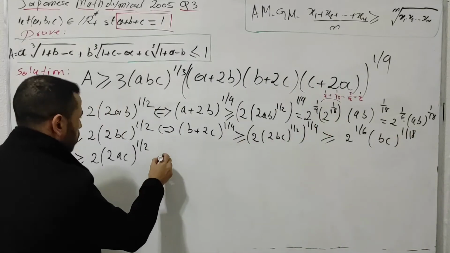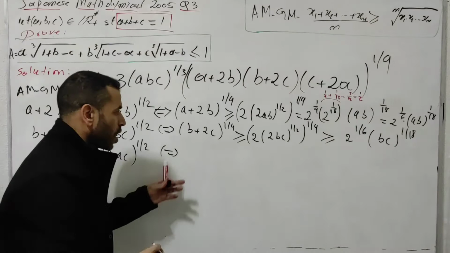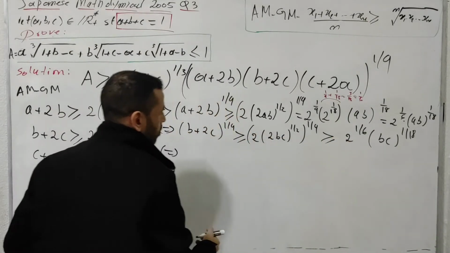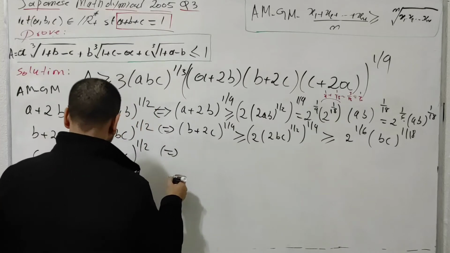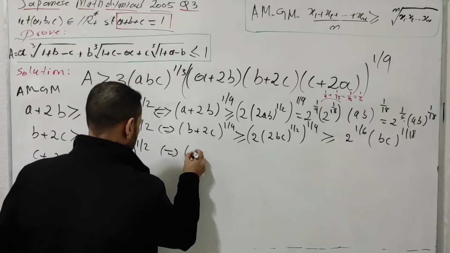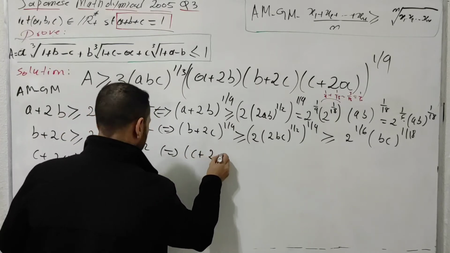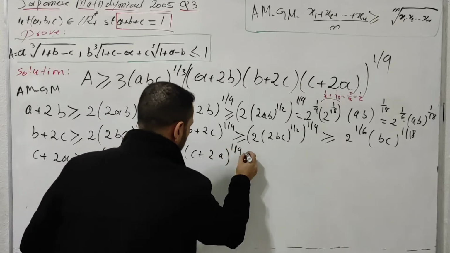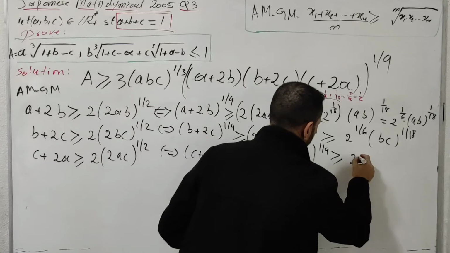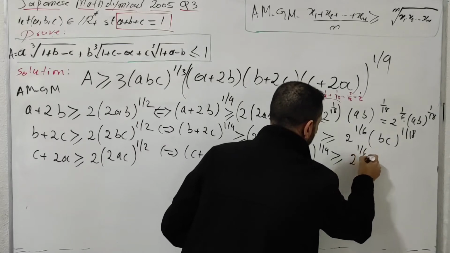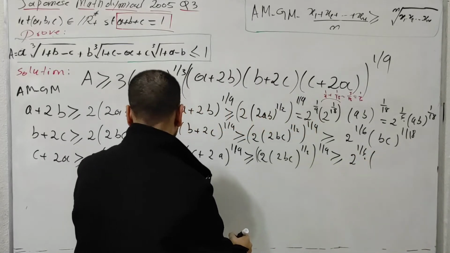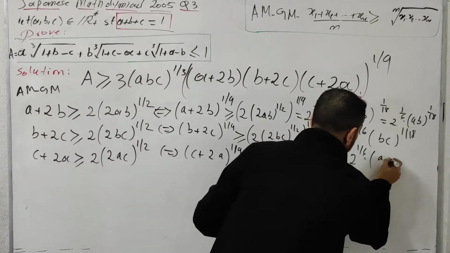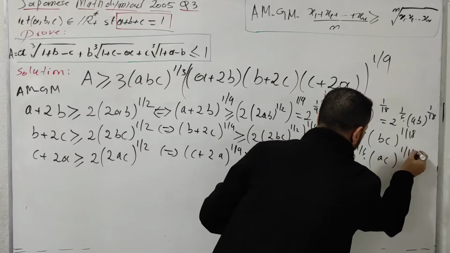I will have the same thing for the last term, because I have a nice symmetry here, that's why everything will be repeated in the same form. So for the last term I will get (c plus 2a) to the 1 over 9 is greater than or equal to 2 to the 1 over 6 multiplied by ac to the 1 over 18.